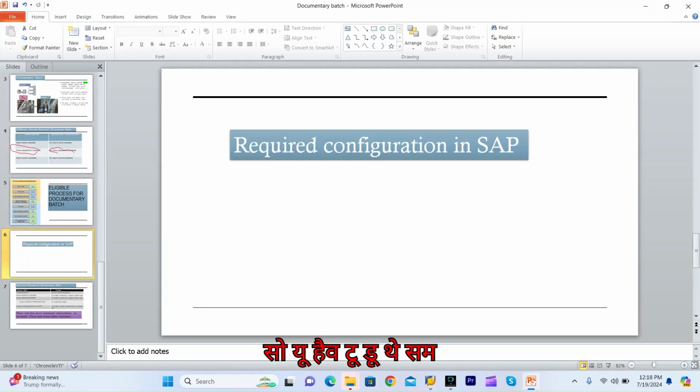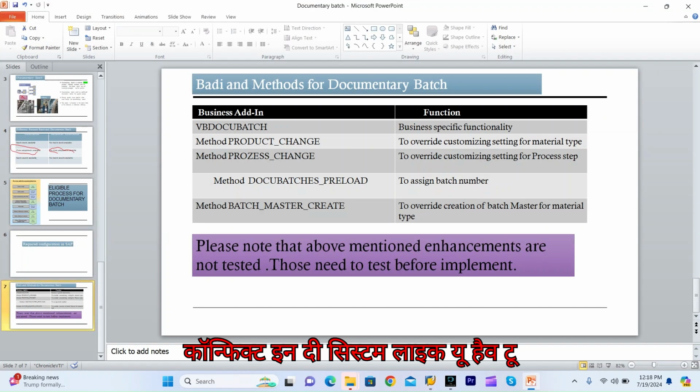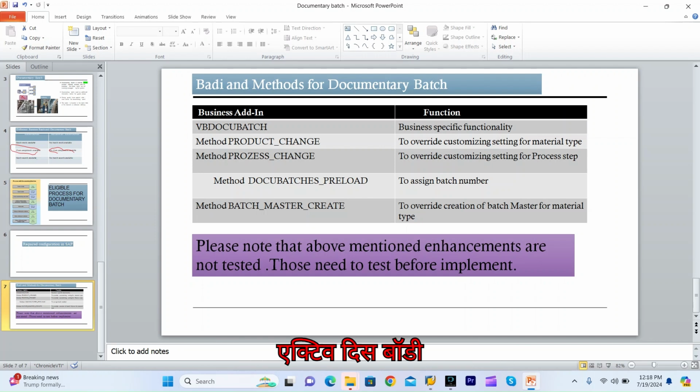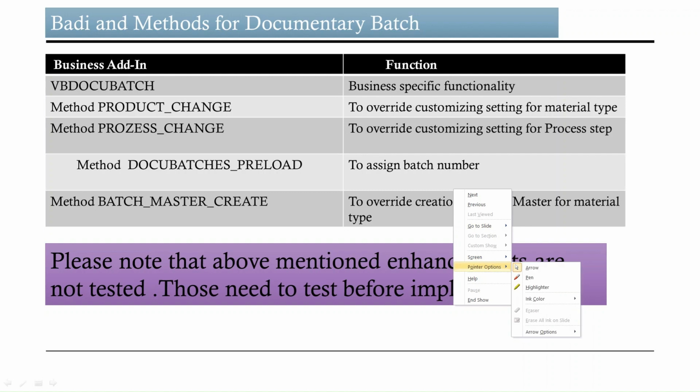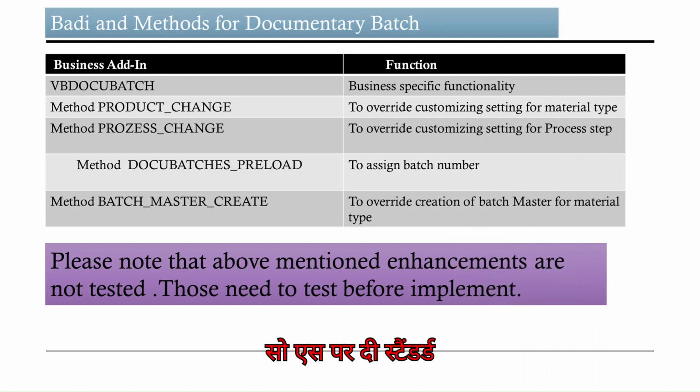So you have to do some config in the system, like you have to activate this BAdI. As per the standard functionality, you can activate the documentary batch at the material type level.